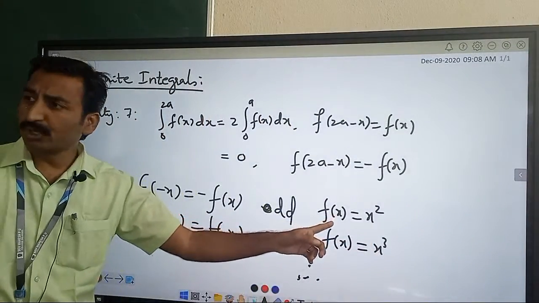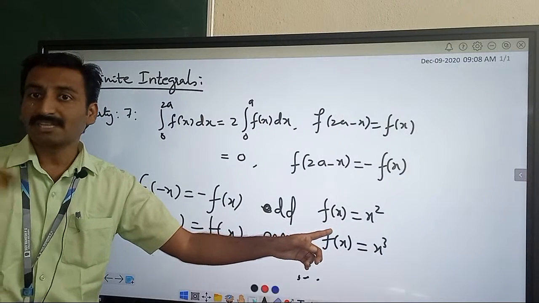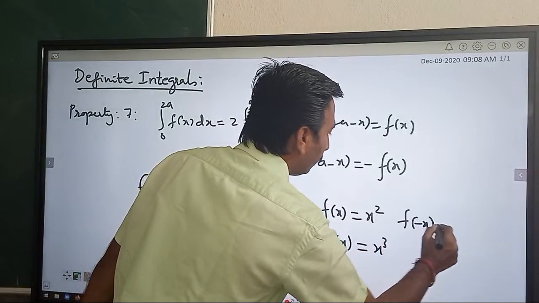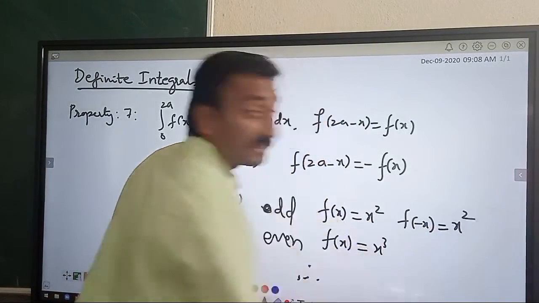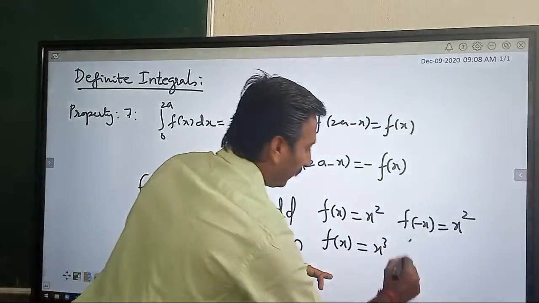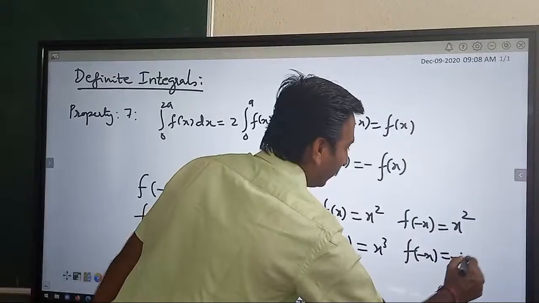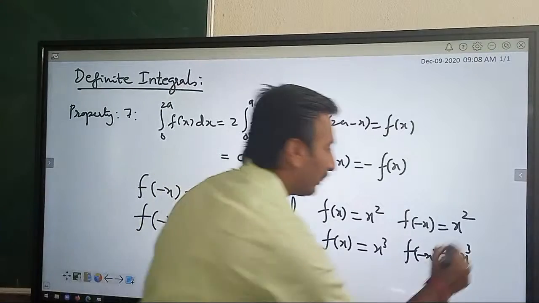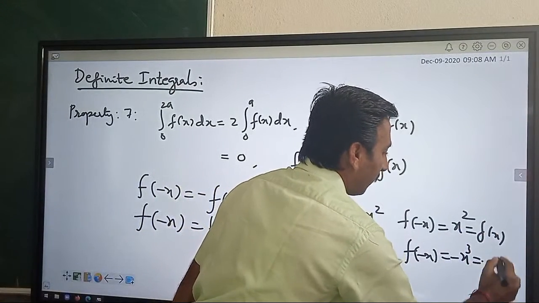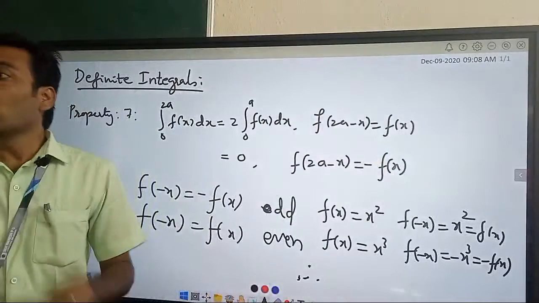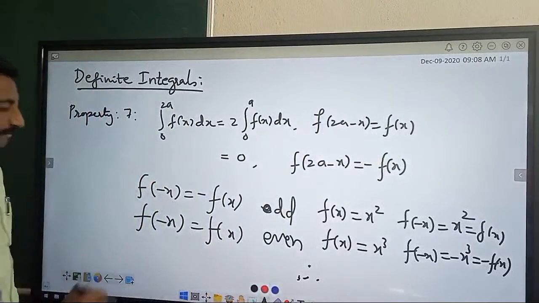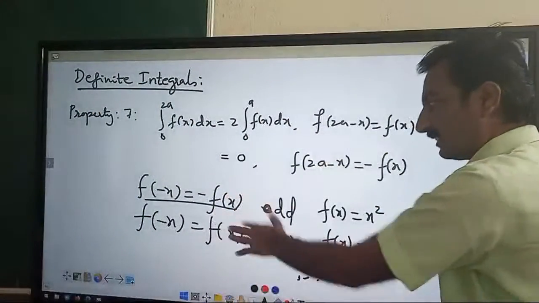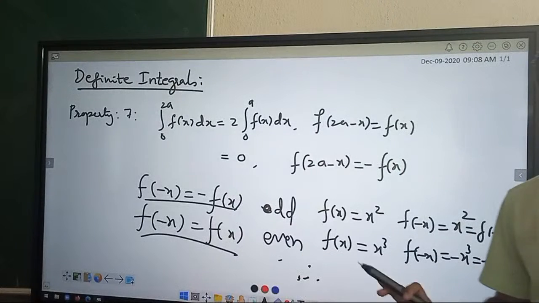In the first, if I put minus x, I get minus x squared, which is plus x square only. If I put minus x in the second, I get minus x raised to 3, because minus is multiplied 3 times. So you can see it is again f of x, and it is minus f of x. So the definitions of odd and even functions are very simple: f of minus x is the same as minus f of x for odd, and f of minus x equal to f of x for even. This is what you have to remember.